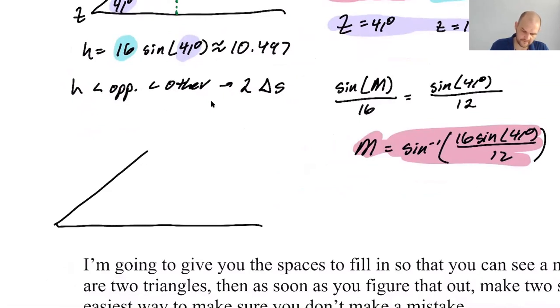Being victimized by my artistic ability. Here and then here, these are the same. So this is the angle that the law of sines found, but these are the same, which means that if we take the supplement, we will get this. That's why we took the supplement.